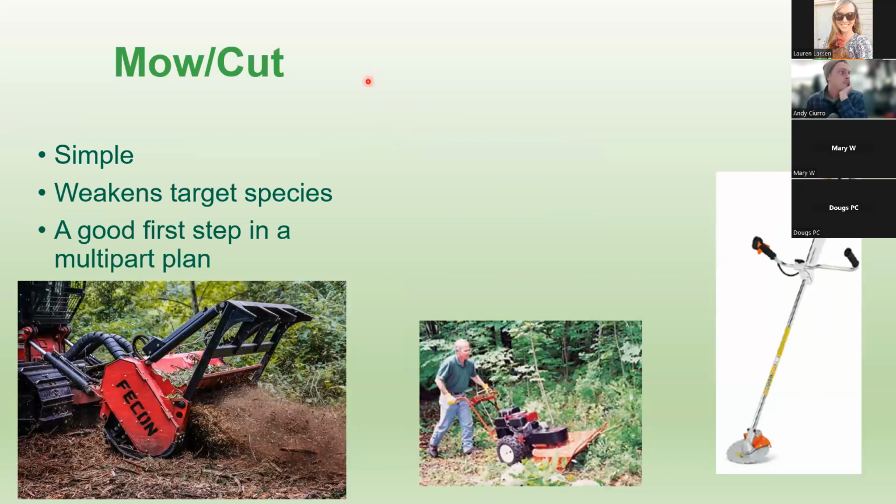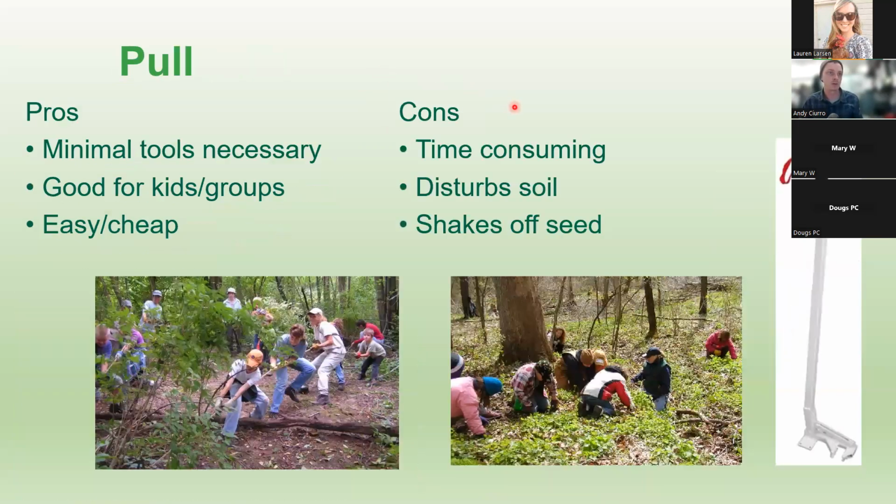Mowing. Andy, we got a quick question in the chat. What is the tool called, and where can we get one? It's called a weed wrench, I think. There are different brand names out there.